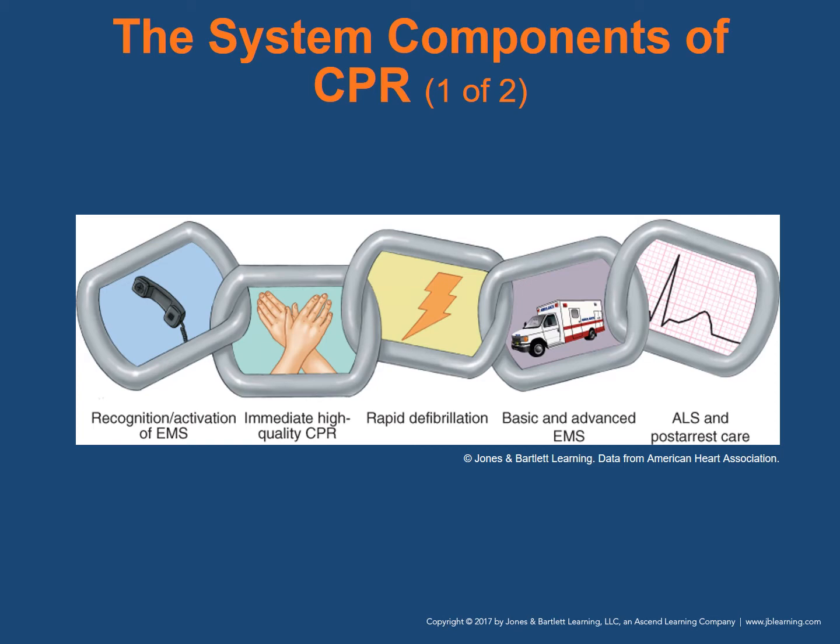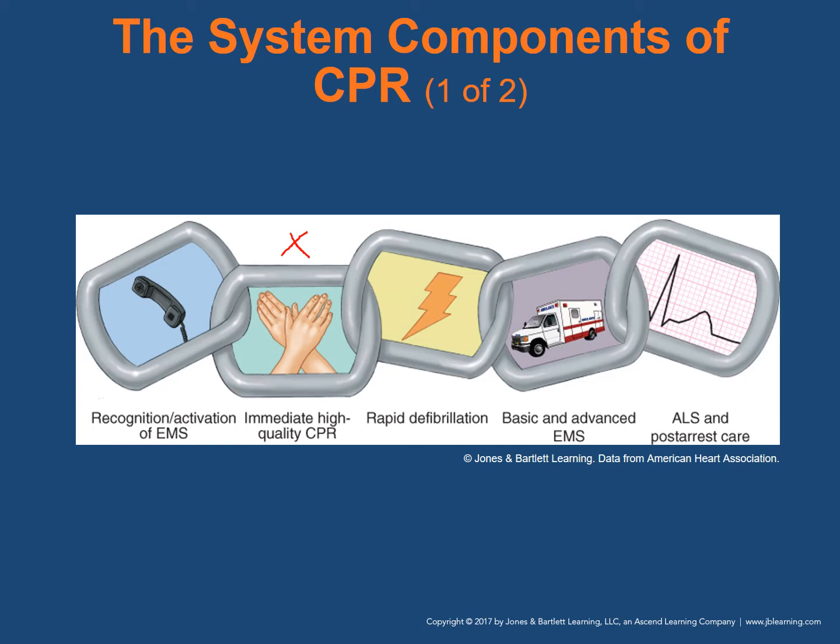They call 911 and tell dispatch the information regarding your potential patient, and of course dispatch is going to be the one that activates us on a call. Once we respond to the call, the next link in the chain is immediate high quality CPR.